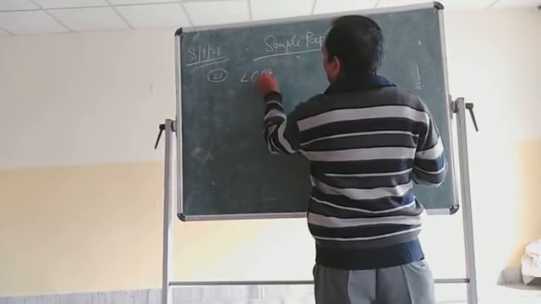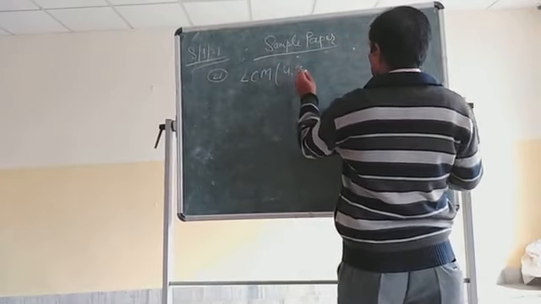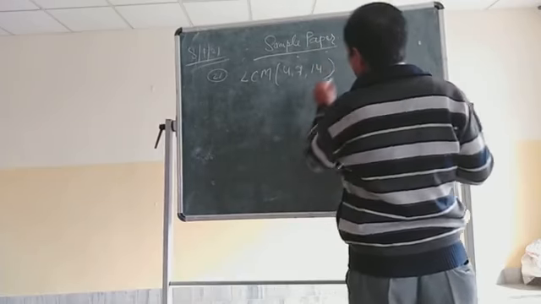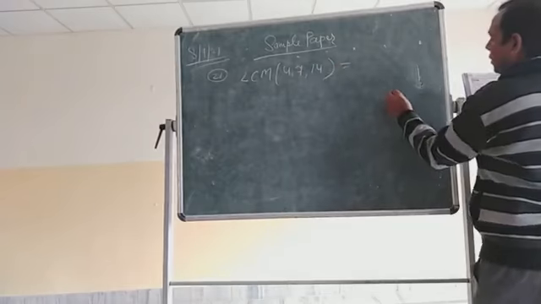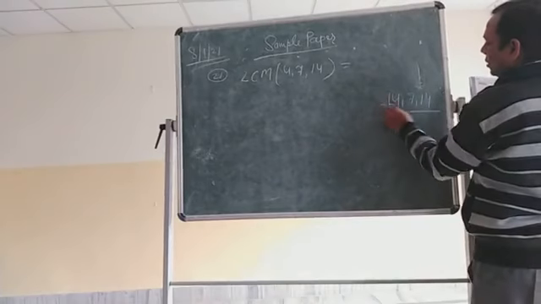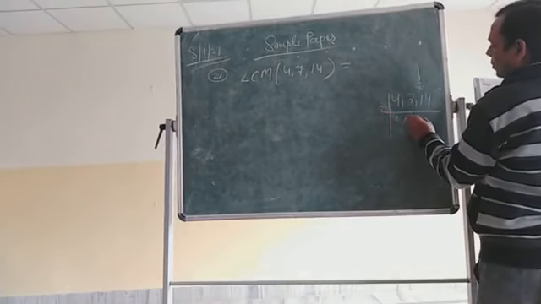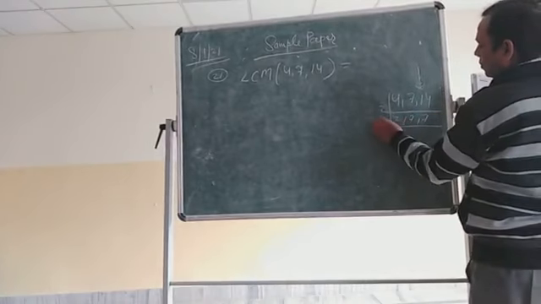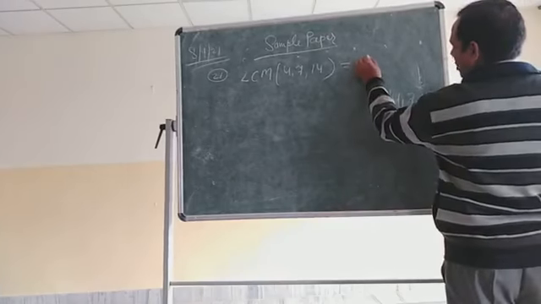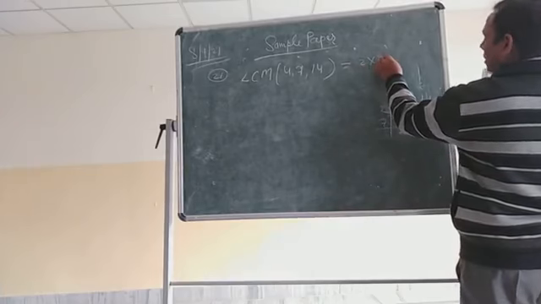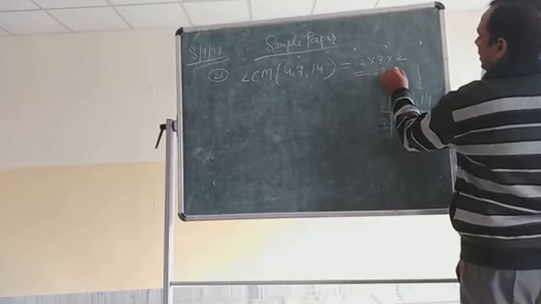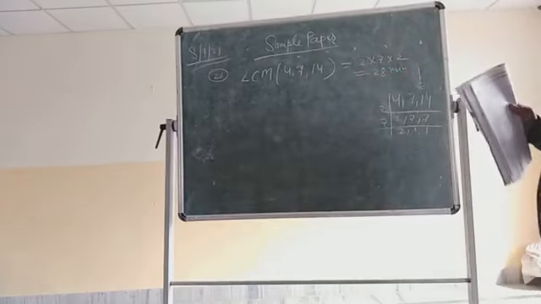So the LCM of 4, 7 and 14 will be what? In the graph you can show the LCM also. So LCM is 2 into 7 into 2, that is 28. 28 minutes is the LCM.